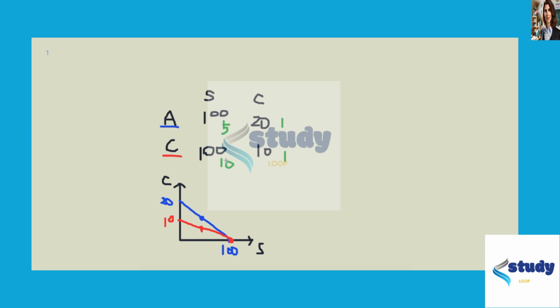So the opportunity cost of producing computers is lower for Americans. At the end, we should let Americans produce computers while the Chinese produce shirts.